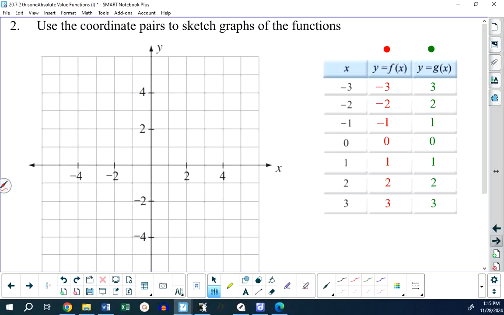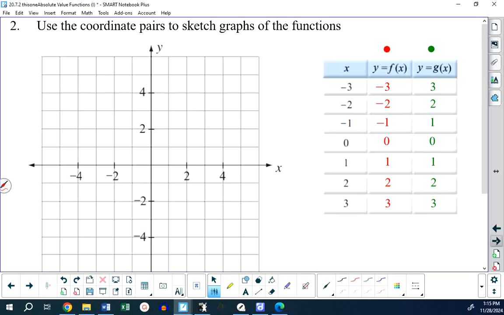Nice and tidy. You should already know what y equals x looks like. It's a straight line with a slope of 1 through the origin. There you go.